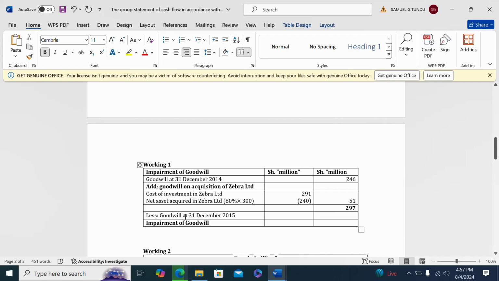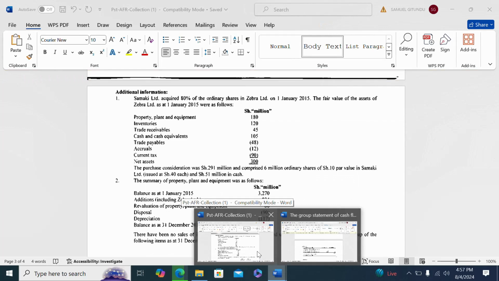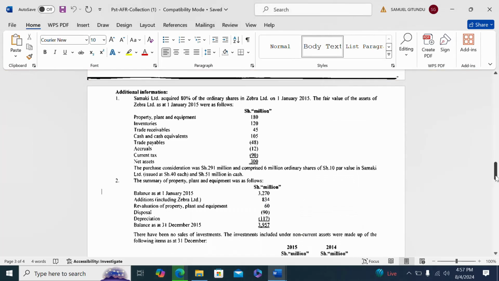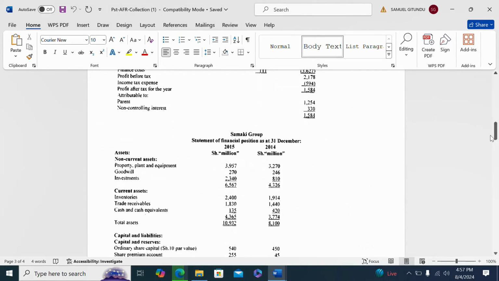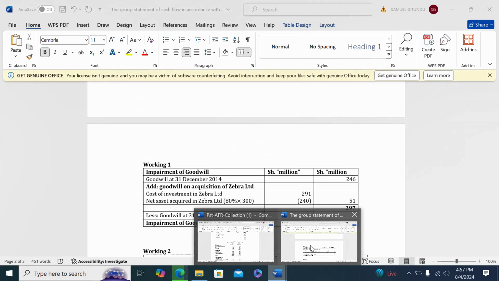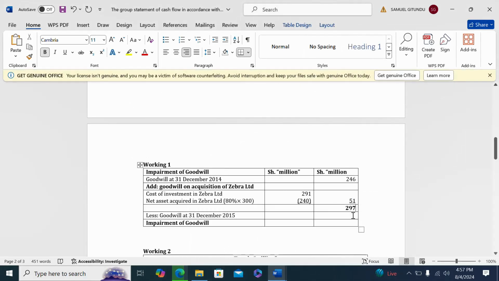Then we raise goodwill at 1st December 2015. How much is the goodwill at that date? It is 270 million.